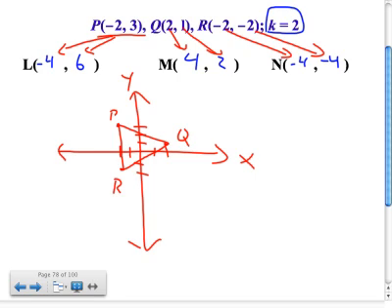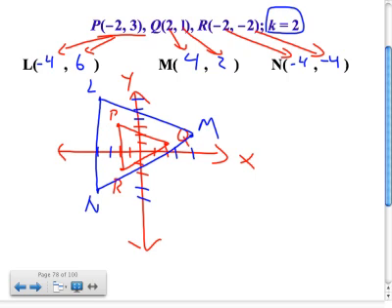So I have (-4, 6). So we're up here. So this is L. M is (4, 2). And N is (-4, -4). And so the blue one would be my enlarged figure. So in other words, the blue one is exactly 2 times larger than the red one.